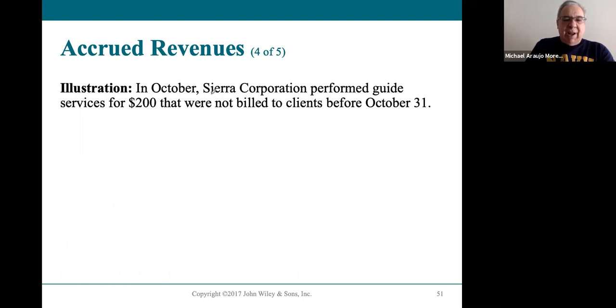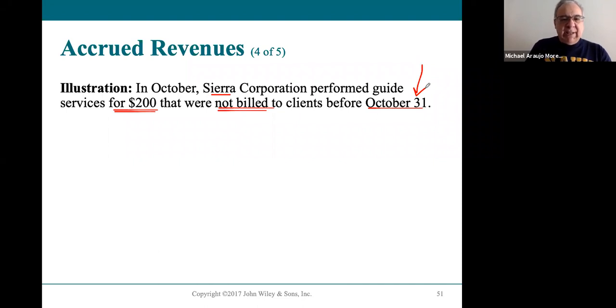Okay. So here's an example. Sierra Corporation actually did work on October 31st for $200 worth of tours, but they had not billed the client yet. Duh. So again, if the work happened on the 31st or in October, it's going to be recorded in October, right? Revenue recognition principle. Very important, right?